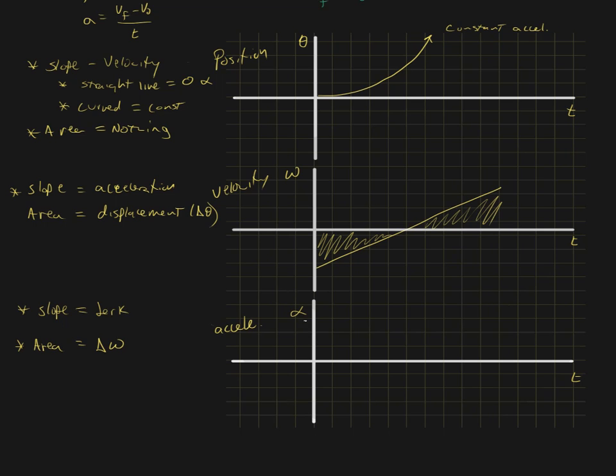And so the area for an acceleration time graph is going to be either, well, it doesn't have to be a horizontal line, but if it's constant acceleration as I have here, then it's going to be a horizontal line. And the area is going to be represented by this. And if it happened to be a negative acceleration, then the area would be represented by this.